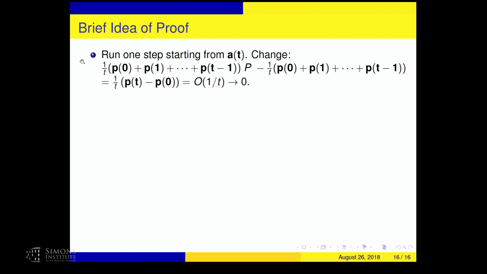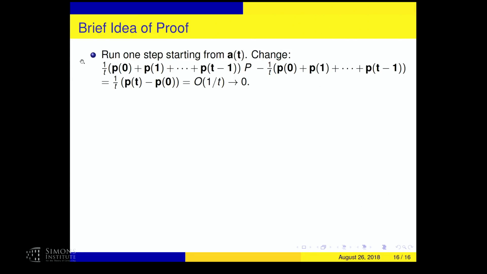You run one step starting from AT. AT is the fraction of time you have so far spent, but you observe that it's also a probability distribution because it adds to 1 over all vertices. So I'm going to do a conceptual step, one step, starting from that distribution. That's not how the Markov chain runs, but I'm going to do it in my mind. Then the change is: you take that distribution, hit it with the probability matrix P, that's one step, and take the difference from what you had.